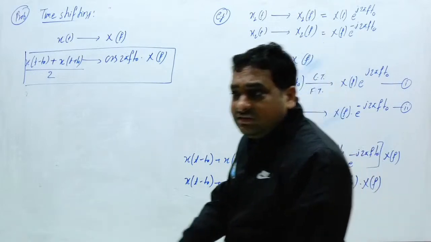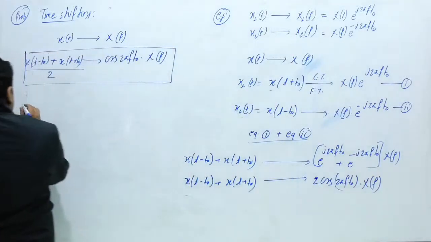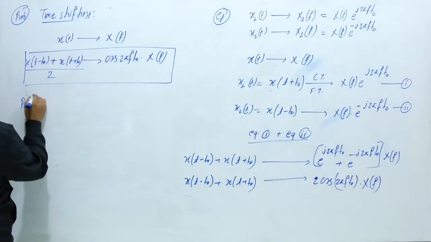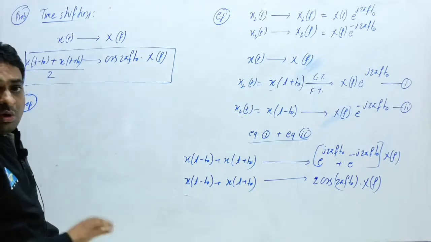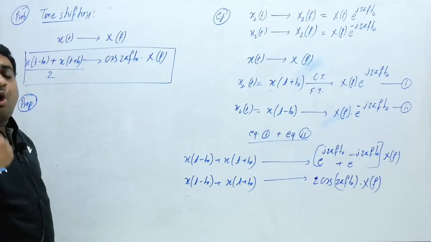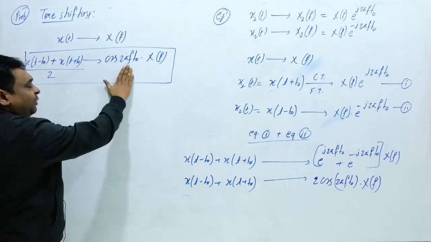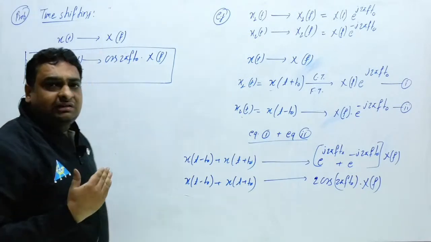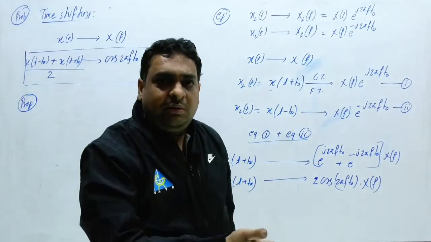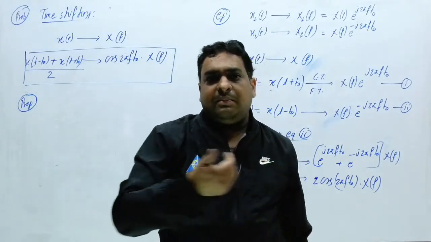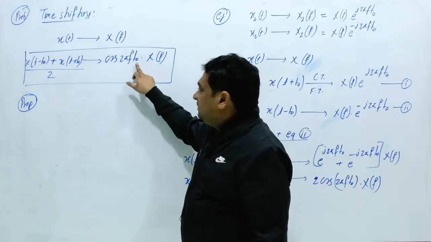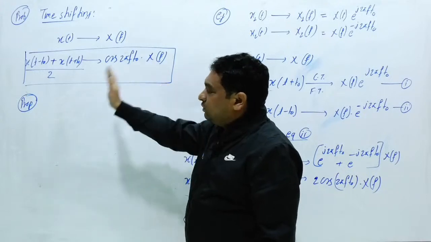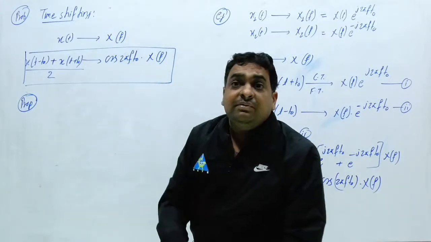Next property. This is a very important property. How do you remember this? If you multiply cos to the right side, with the Fourier transform, the left-sided signal will be shifted one time left and one time right. How much? This amount, t0 left, t0 right. You can also write this in terms of omega.